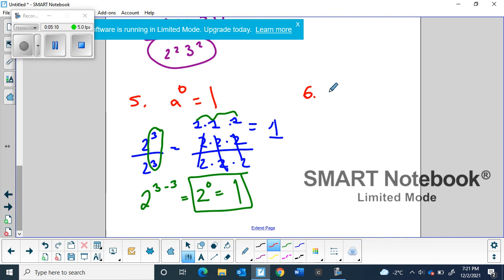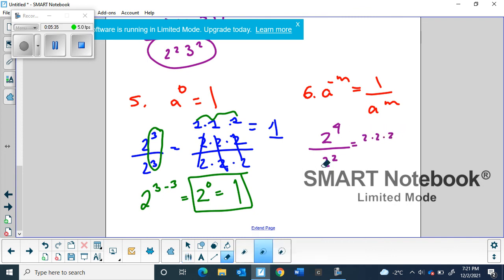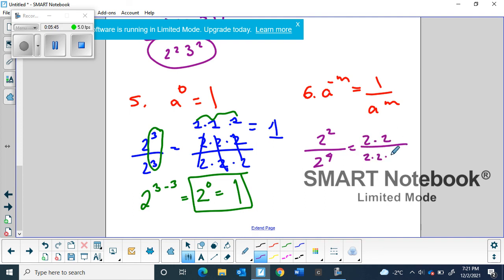And then finally, we did look at bases with negative exponents, and we said the simple form of them is 1 over them in a positive light. And if we did an example, 2 to the exponent 2 over 2 to the exponent 4. 2 times 2, and on the bottom we have 2 times 2 times 2 times 2.